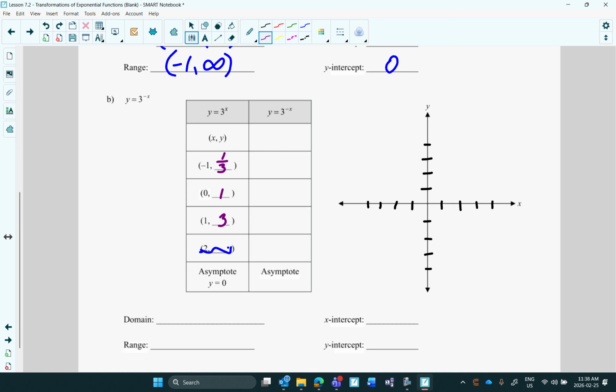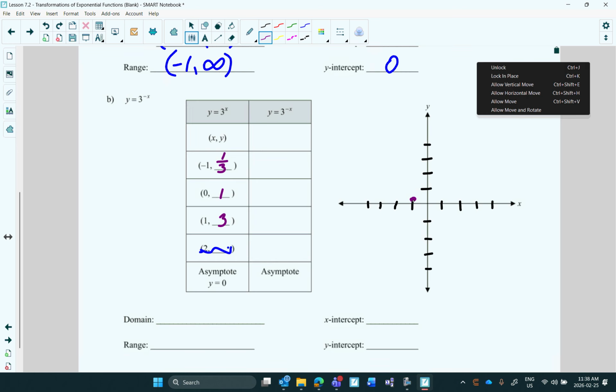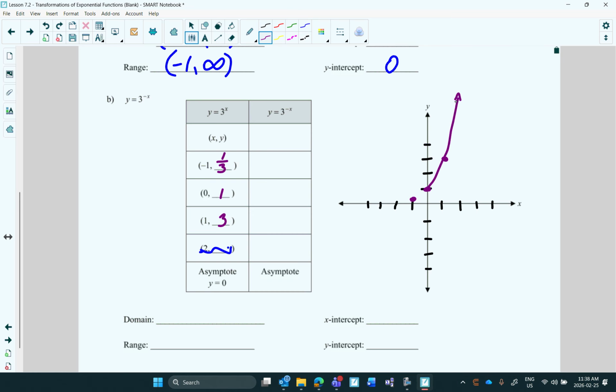So -1 and a third would be a little bit lower to the x-axis. 0, 1, 1, 3, which means it climbs faster. Nice.